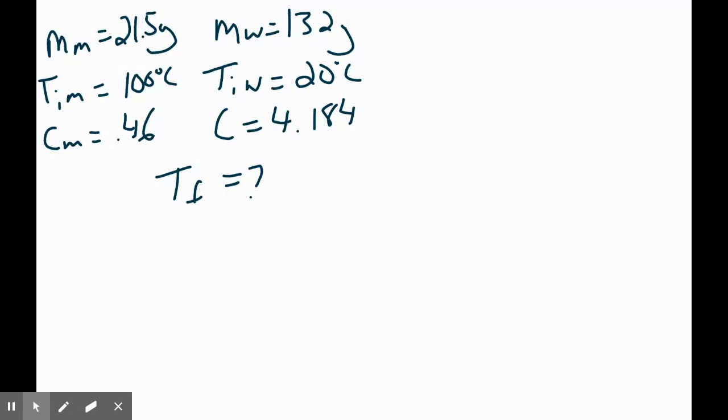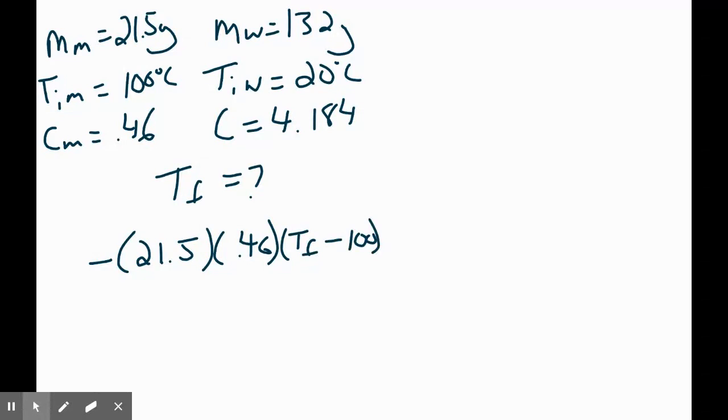So again, we want to take all of this information and plug it into the equation. So you get negative 21.5 times 0.46 times the final temperature minus 100.